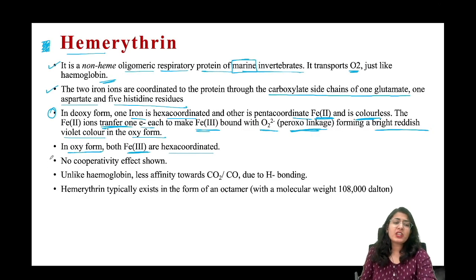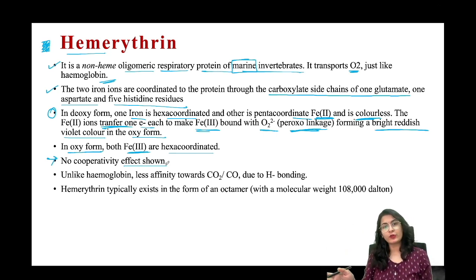So, no cooperativity effect is shown here, neither in hemocyanin, because it's a very simple oligomeric protein. It's not like a big protein just like hemoglobin, which is a tetramer. This is only a monomer, and that's why no cooperativity effect is shown. Unlike hemoglobin, less affinity towards carbon dioxide or carbon monoxide due to the hydrogen bonding.